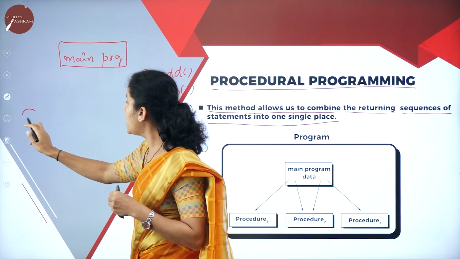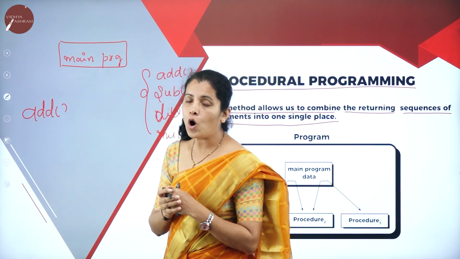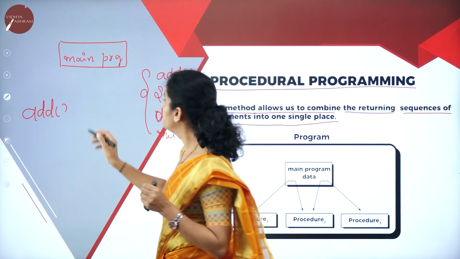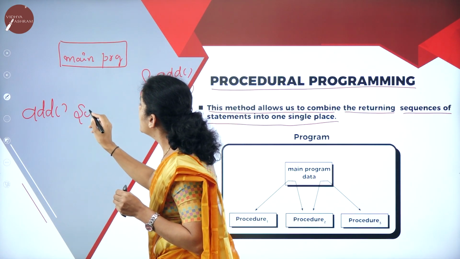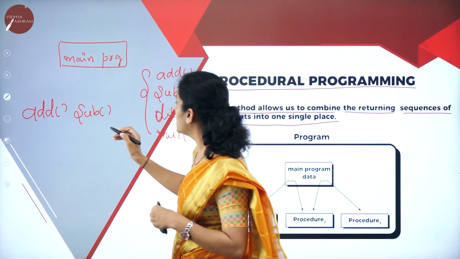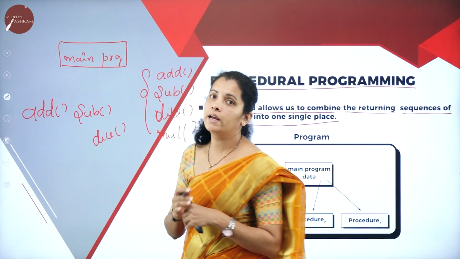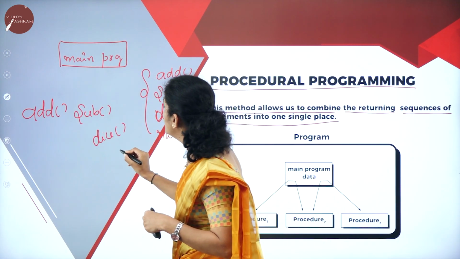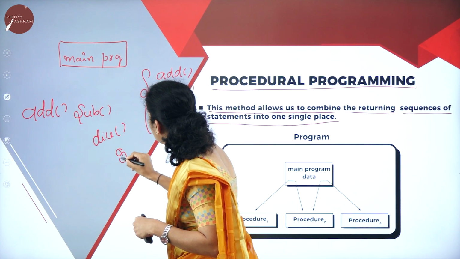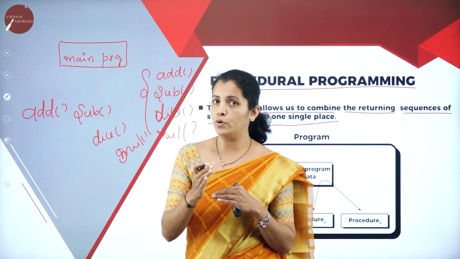So I'm going to have one subprogram or one procedure called add. Then another procedure by the name sub, another procedure by the name division, and another procedure by the name multiplication. So these are the 4 procedures I'm going to have.